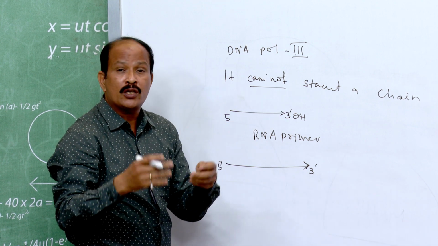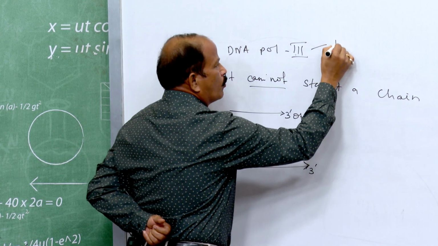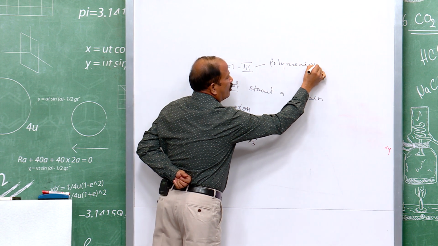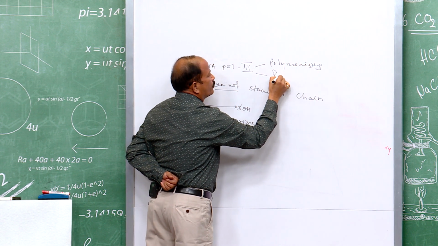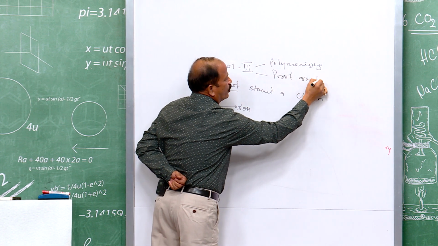That property is called the proofreading property. So, DNA polymerase 3 has polymerizing activity as well as proofreading activity.